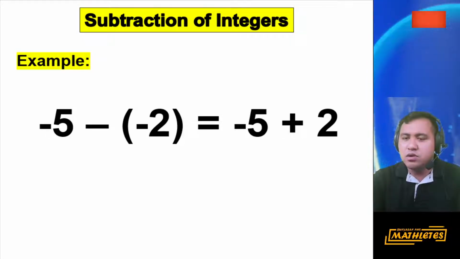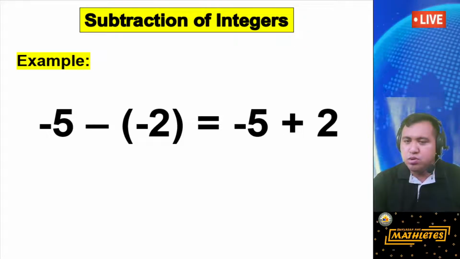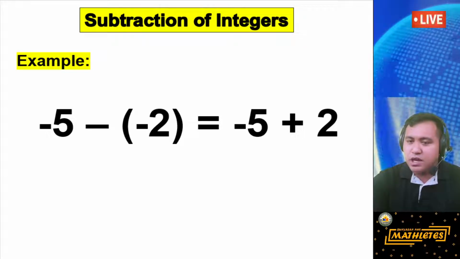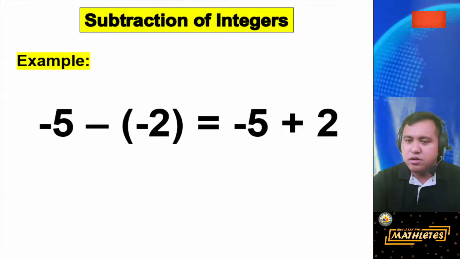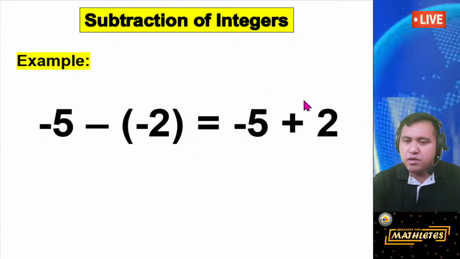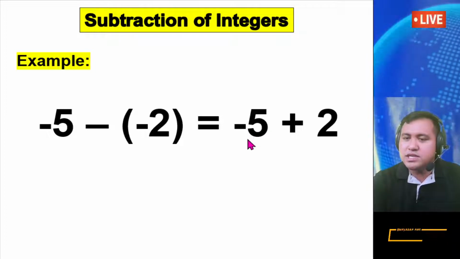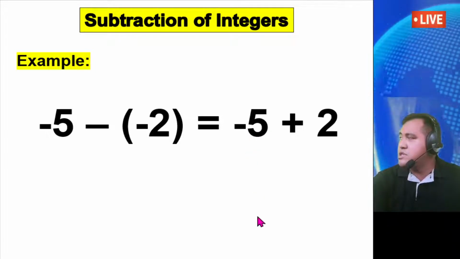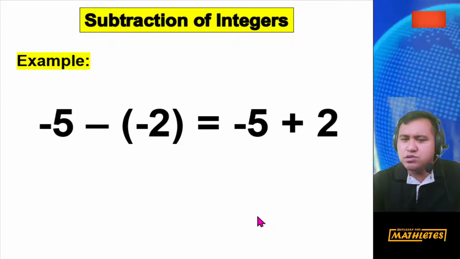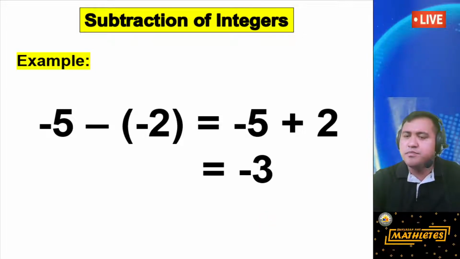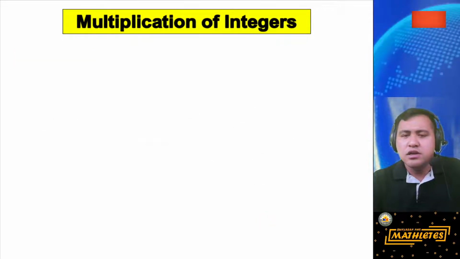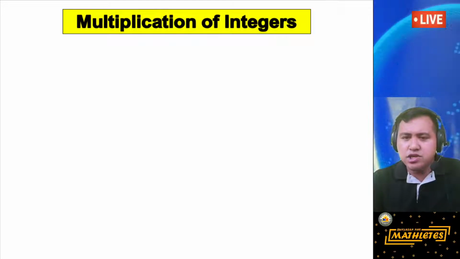Then follow the rule: negative 5 plus 2. Unlike signs, so subtract. Negative 5 has the greater absolute value, so we will use the sign of negative 5, which is negative. 5 minus 2 is 3. So, negative 3.